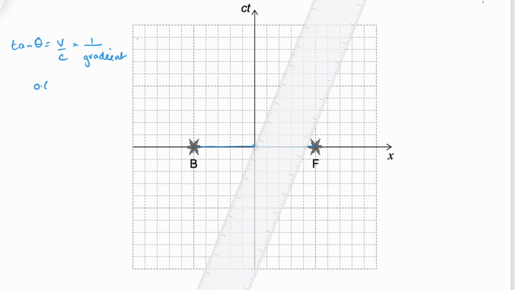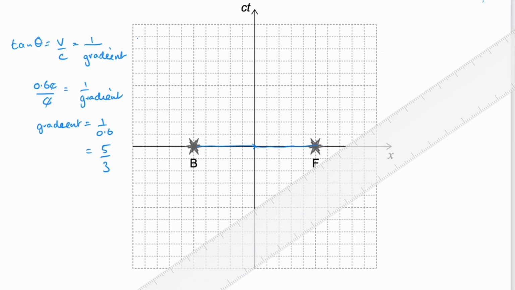So v is 0.6 c. It told us that was the speed of observer P. v over c equals 1 over the gradient, which means that the gradient of this line that we're going to draw is equal to 1 over 0.6, which gives us 5 over 3.